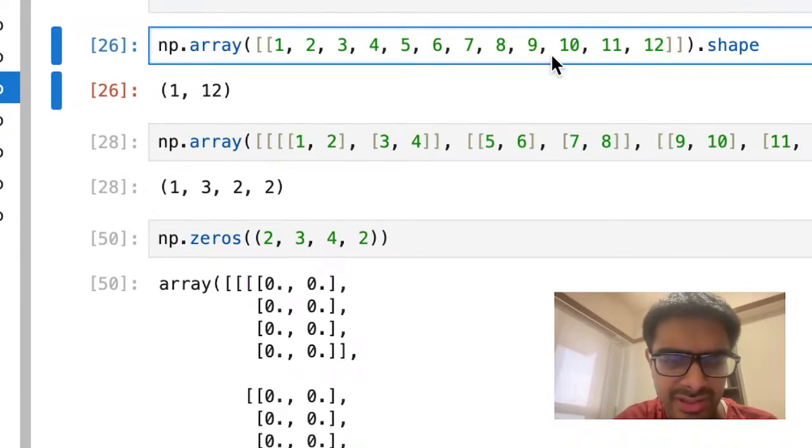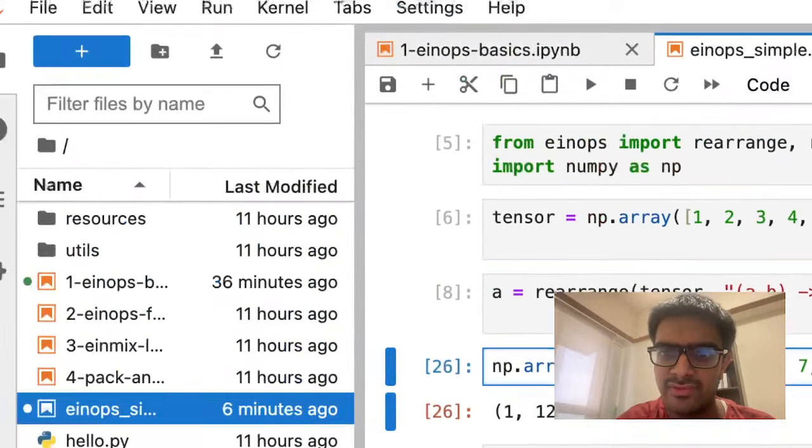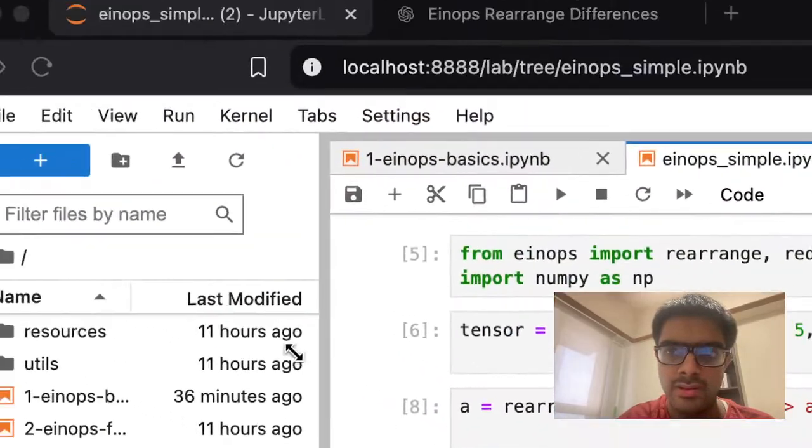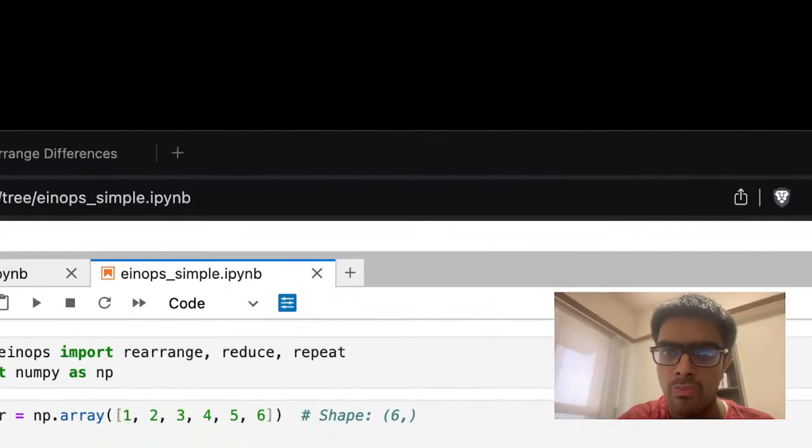What's happening to my video? Why is it so bad? Let me go to screen capture, go to properties, go back to the defaults. Window capture. Okay.